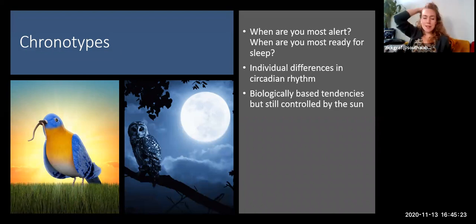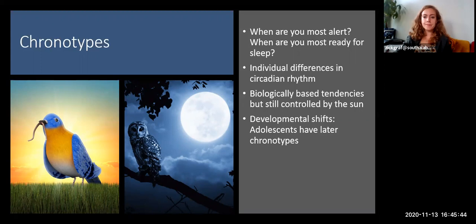So we're kind of born with the tendency to be an early bird who's most awake and alert early in the morning and ready for sleep shortly after sundown, or a night owl, someone who is not ready for sleep until well after sundown and also needs to sleep in a little bit longer in the morning. Regardless of our chronotype, our circadian rhythms are still entrained to the sun, just in different ways for different people.